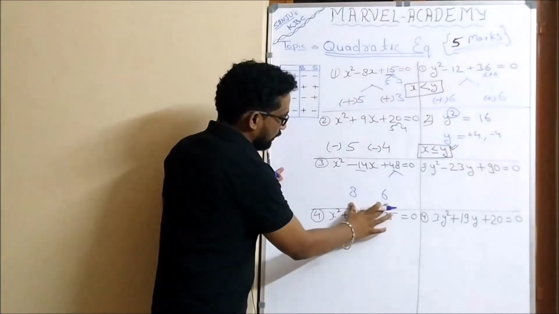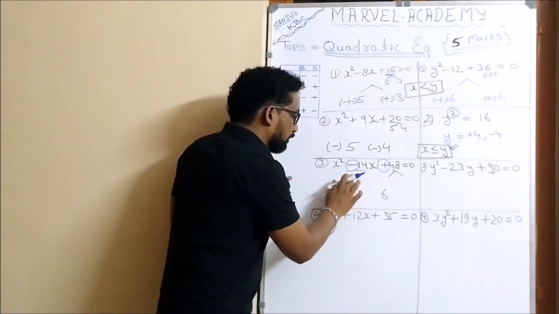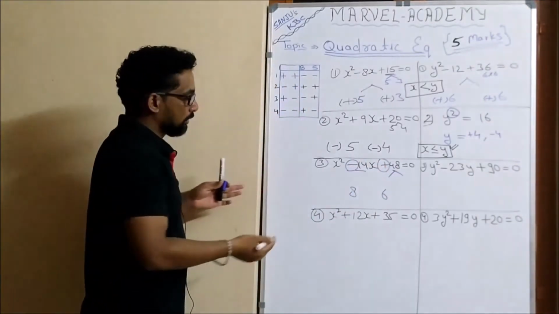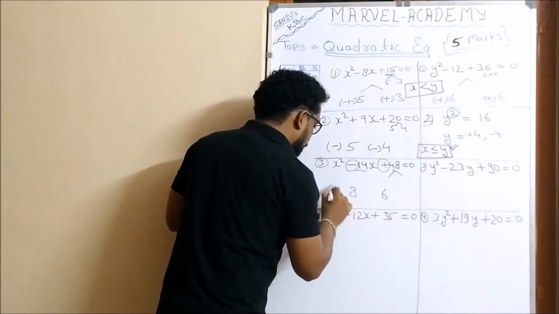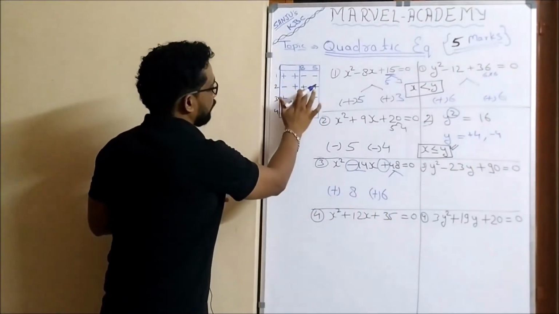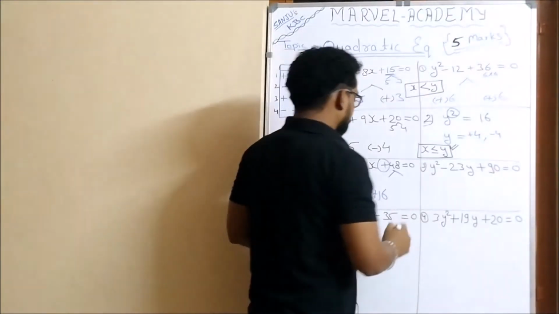Okay, so our factors are 8 and 6. Now, in the question, signs are negative and positive, so definitely in our answer the sign will be positive. Negative positive becomes positive and positive. Okay, next.